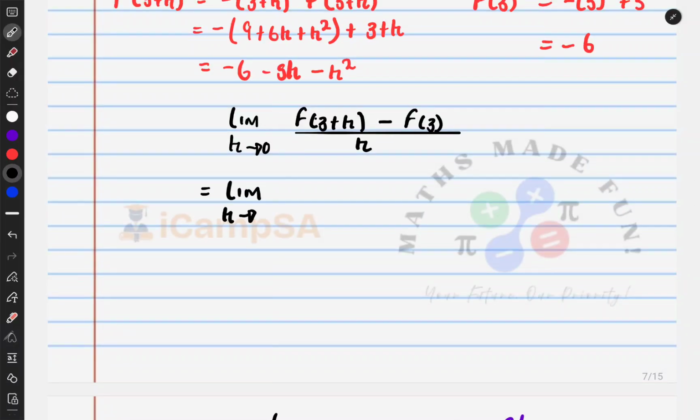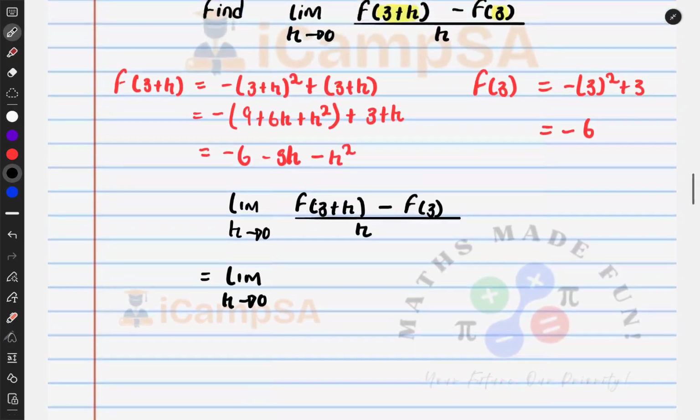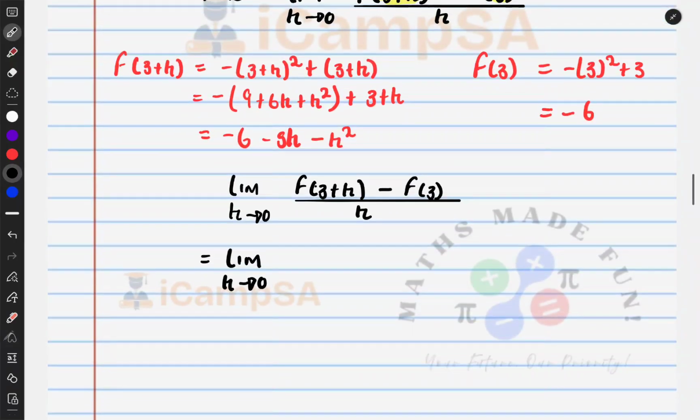Remember never to drop this symbol of the limit as h approaches 0 right up until you substitute the h with 0. You don't drop it, always remember to write it. So what is f at 3 plus h? It's negative 6 minus 5h minus h squared, and f at 3 is negative 6. So minus 6, over h.